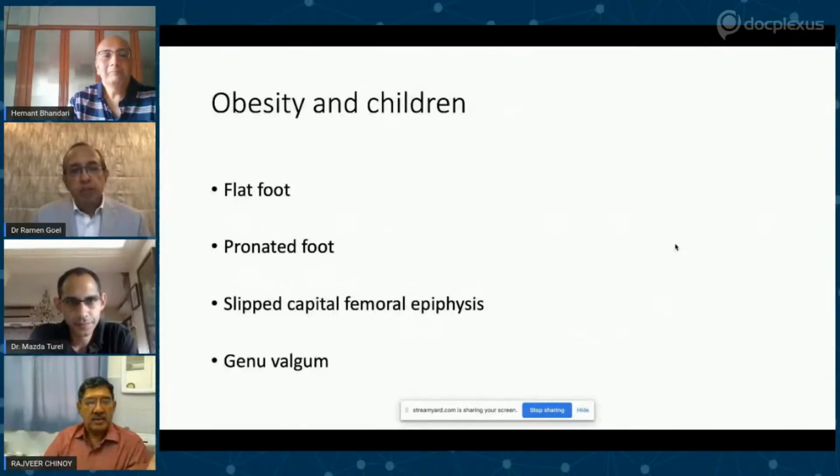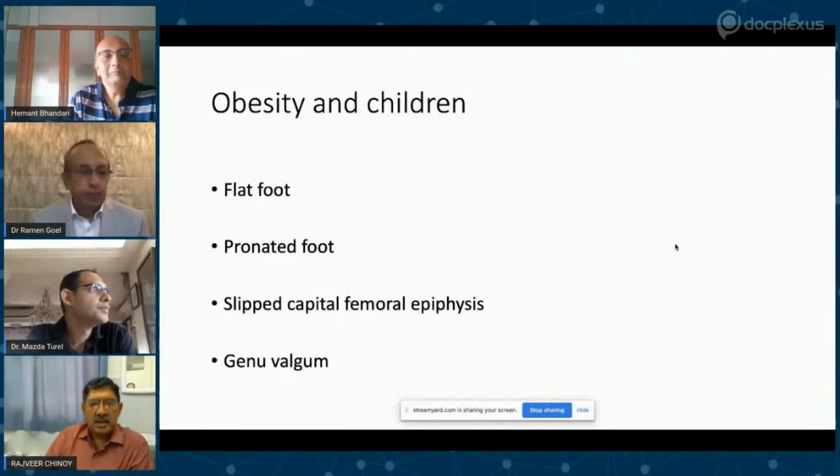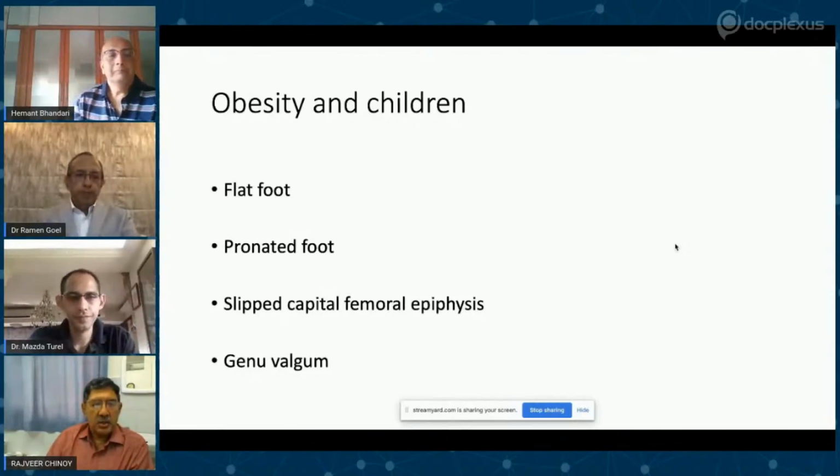So one of the major problems that we are facing is obesity in children. Dr. Chinoy, what are the issues as far as bones are concerned? Some of them have been listed here. Do you have any other issues in these children? See, structurally, the young obese person or the obese child, you will find flat feet, which is basically a pronated foot.